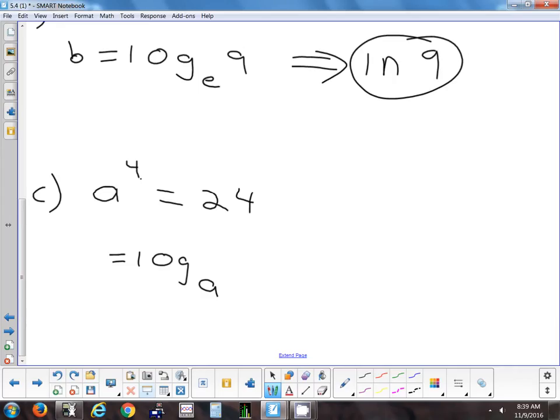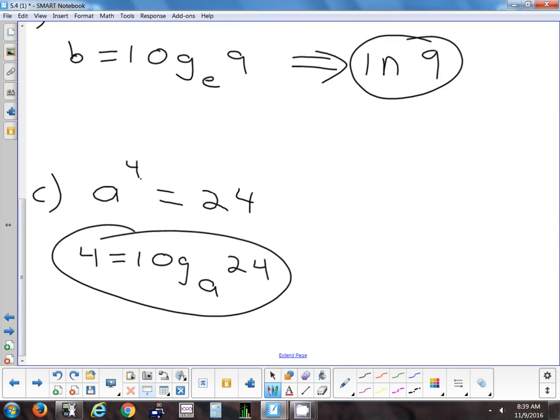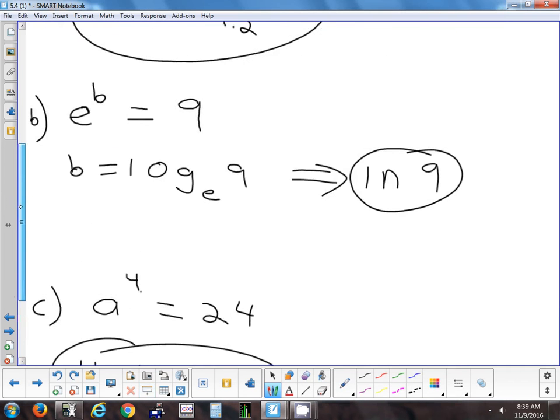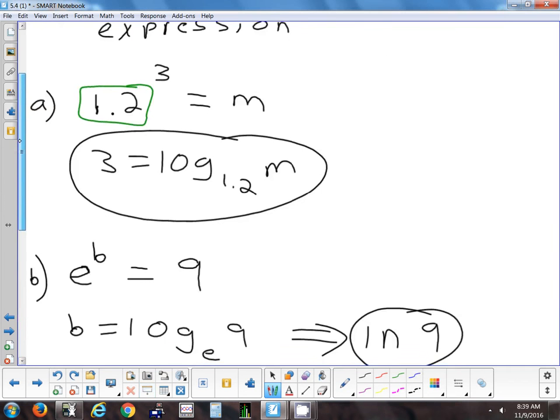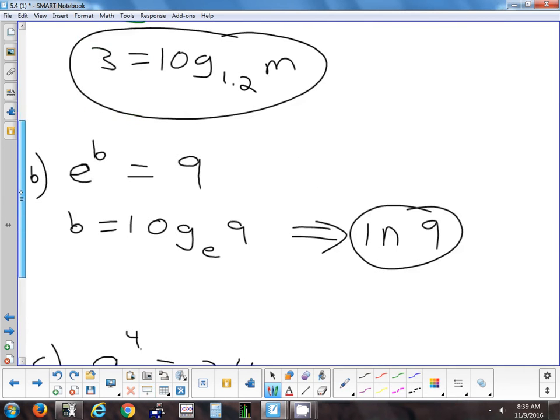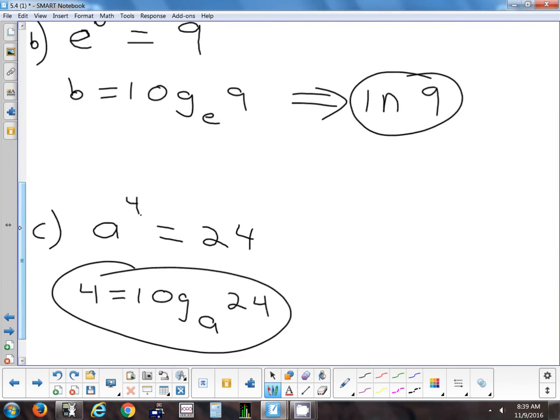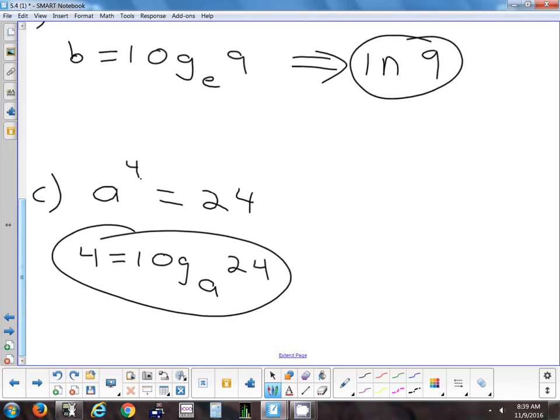So how about, Jeff, can you tell me what my exponent would be? 4. Yep, that's what's up higher. And 24, that's my argument that I'm going to put into the log function. I basically gave you 3 different examples. One where the variable was on the right by itself, one where the variable was an exponent, and one where the variable was a base. We just did each possible type.